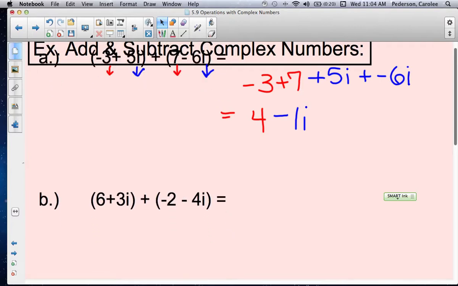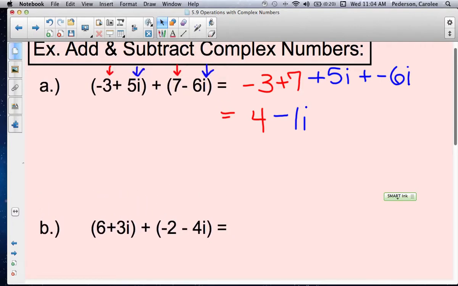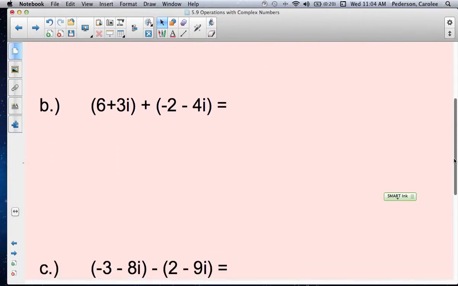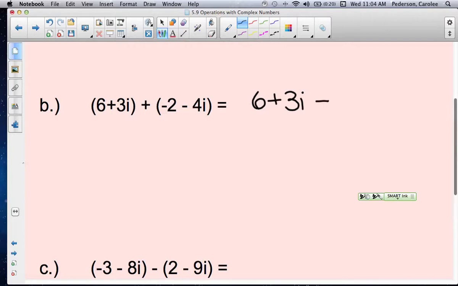Here's a second example. This one I'd say you probably don't need to write down since it's very similar to the last one. I'm going to just go ahead and drop the parentheses this time and then combine like terms, because I have a plus and a minus right there.